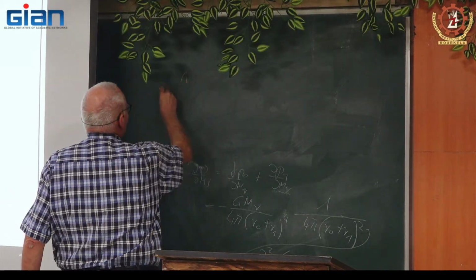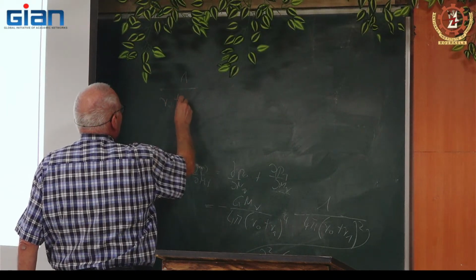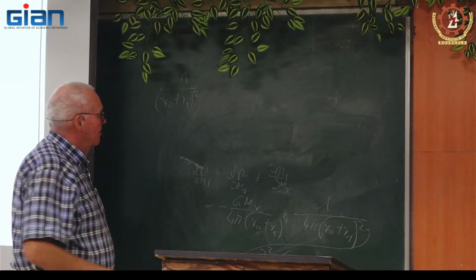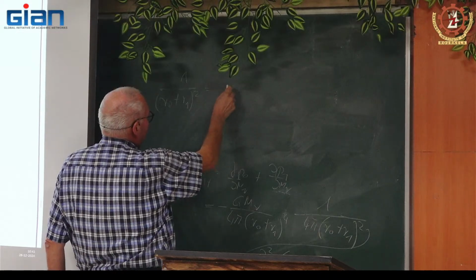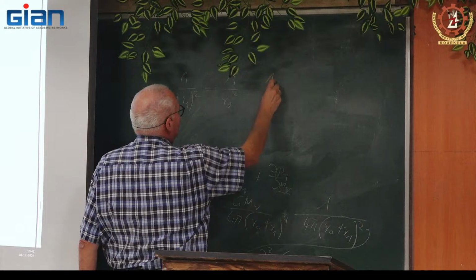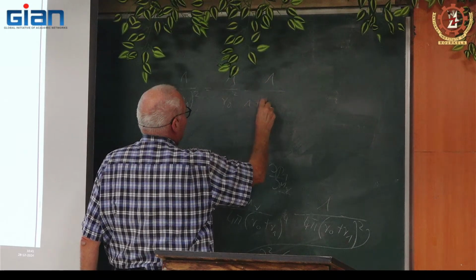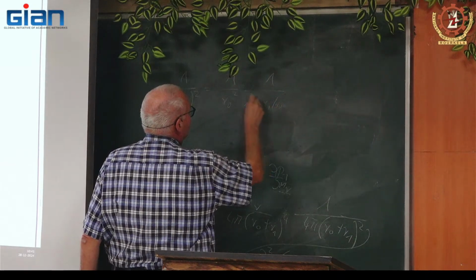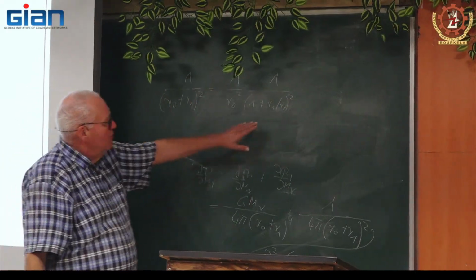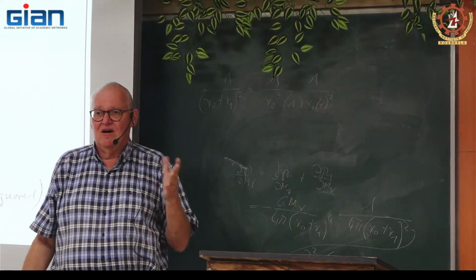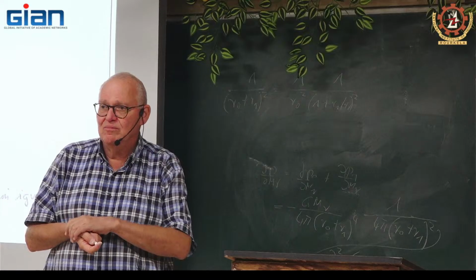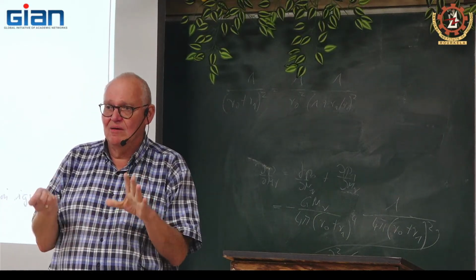So take 1 over (r0 plus r1) to the power 2. We take out of this bracket 1 over r0 squared times (1 plus r1 over r0) to the power 2. Okay? Now we assume that r1 is small compared to r0. This is our assumption.